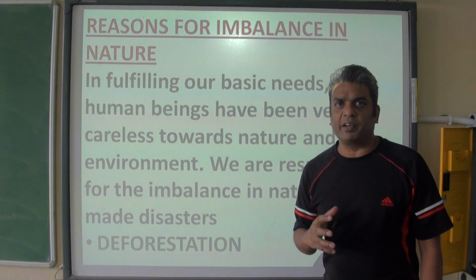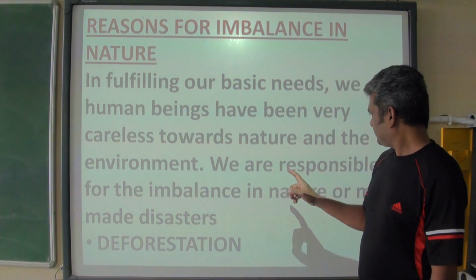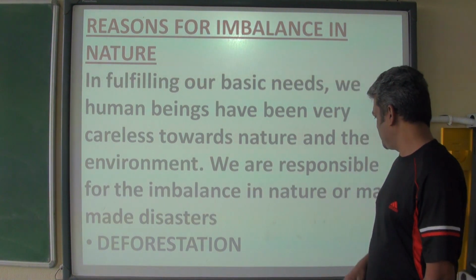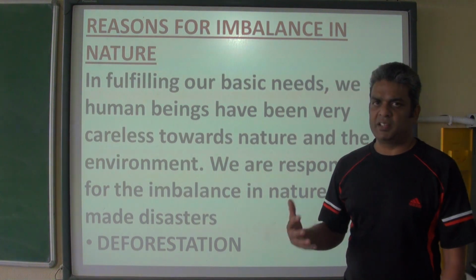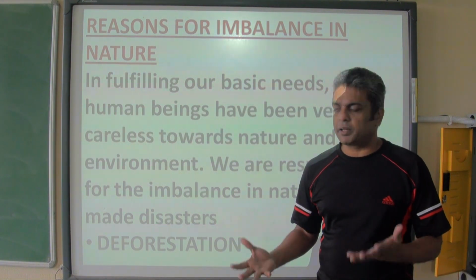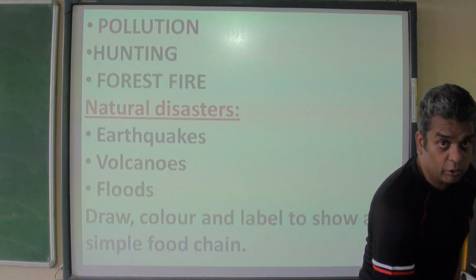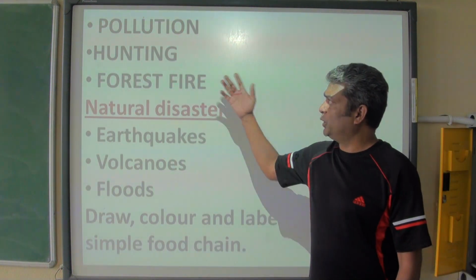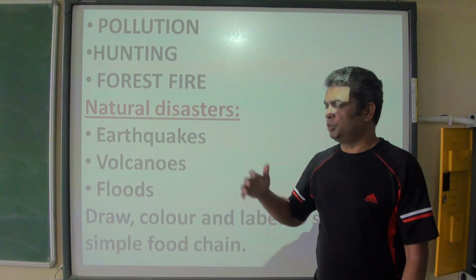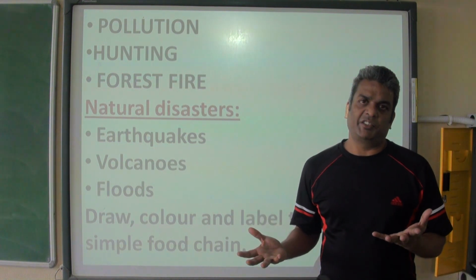We did not think about what is going to happen, and we are responsible for the imbalance in nature through man-made disasters. What are the man-made disasters? One, deforestation, by cutting down the forest. Pollution, hunting animals, forest fires. These are the reasons for the imbalance in nature.